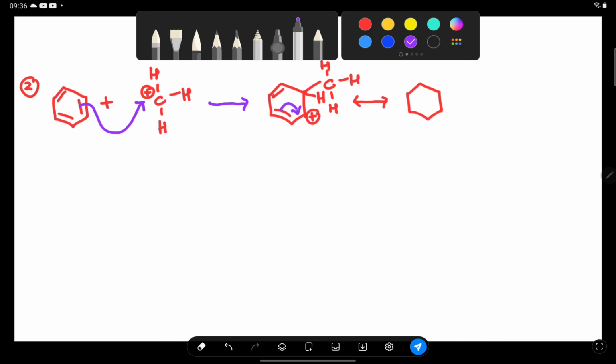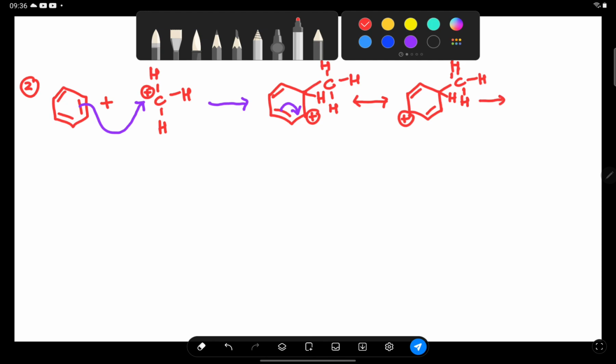These 2 electron move to here, so it will become like this. So here will be positive charge.